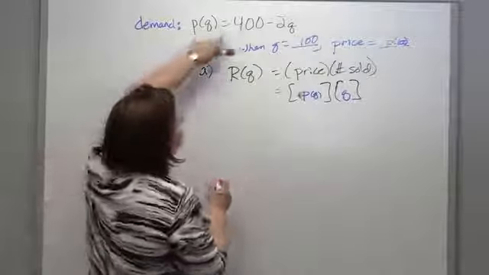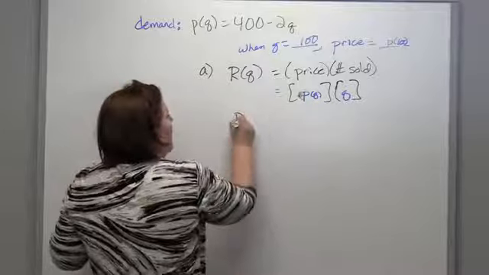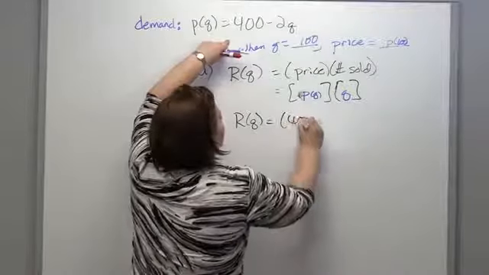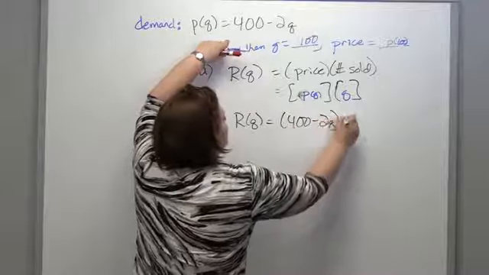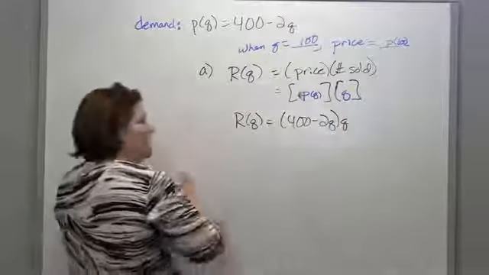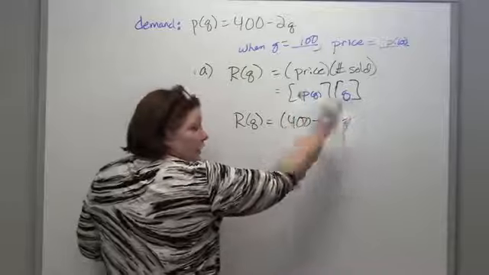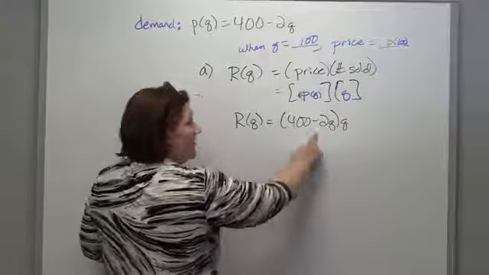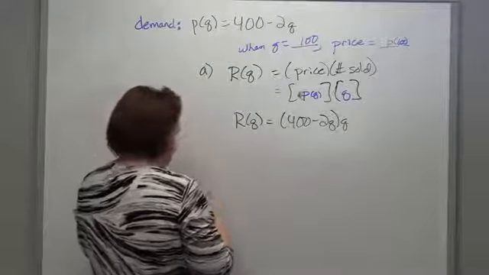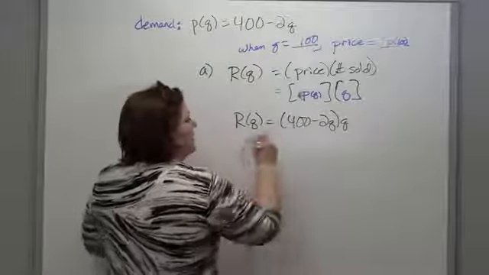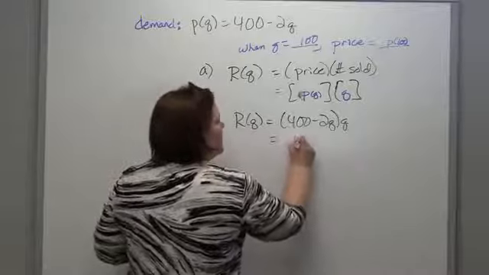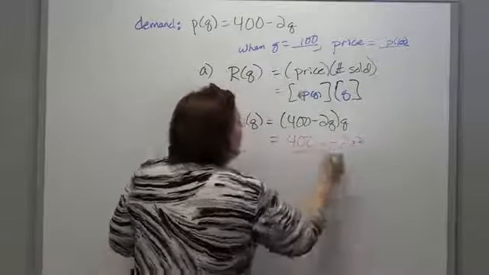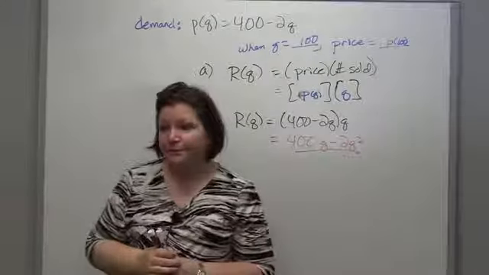So for our specific demand function, our revenue is going to be 400 minus 2q times q. This will give us the price. If you change q, we get a different price based on this. And if we want to simplify this, we're going to get 400q minus 2q squared as our answer for part A.